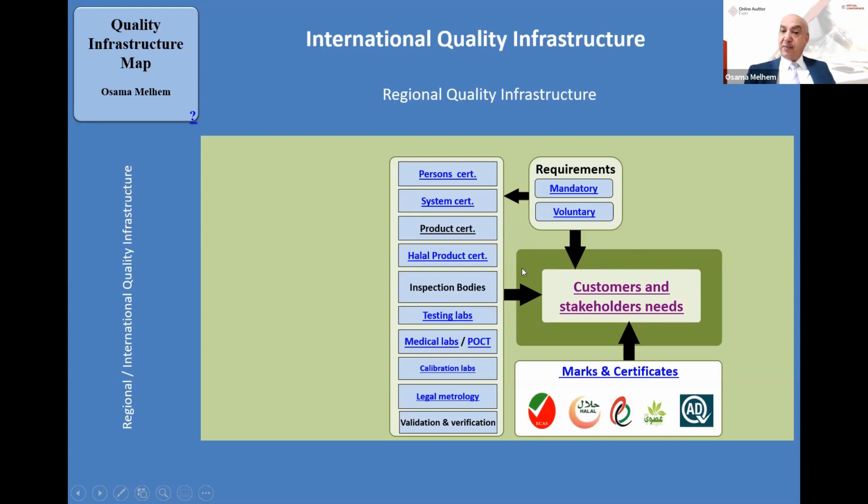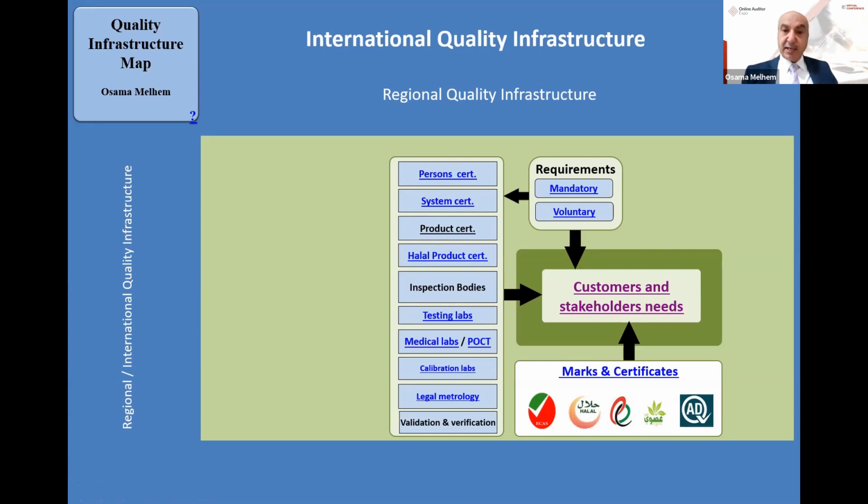If you are a manufacturer and you want to certify your product, you come to the product certification body and inform them that you want your products certified according to a given conformity scheme. If you are producing any product that falls under halal product certification, you come to a special category of product certification bodies authorized for halal product certification.